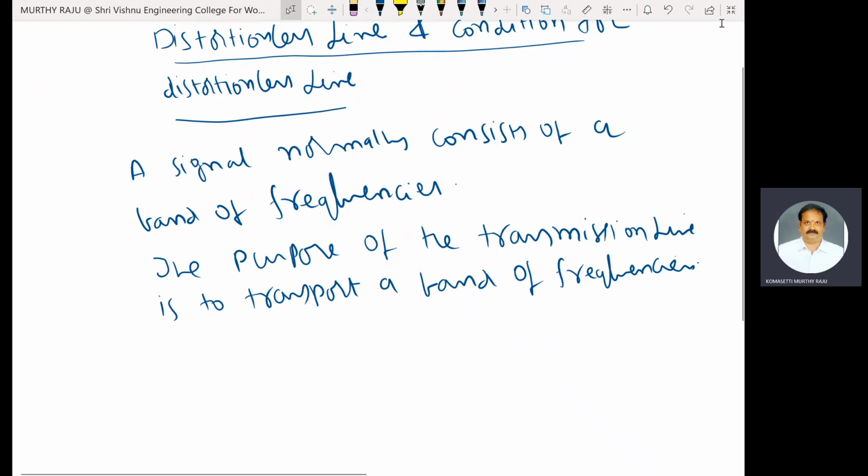During the transmission of the signal on a transmission line, it gets attenuated through attenuation constant alpha, which is a function of frequency.